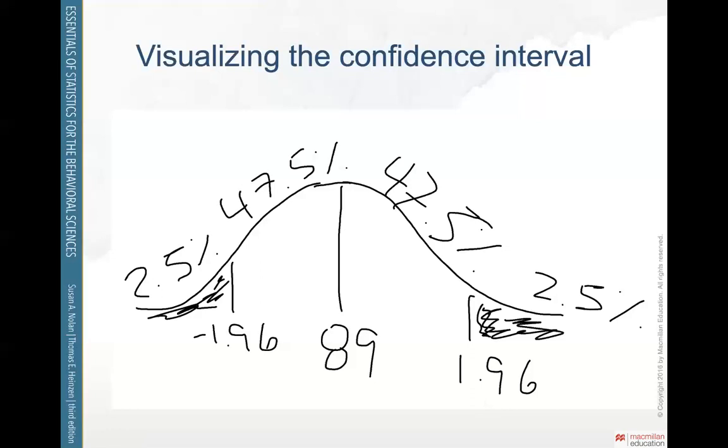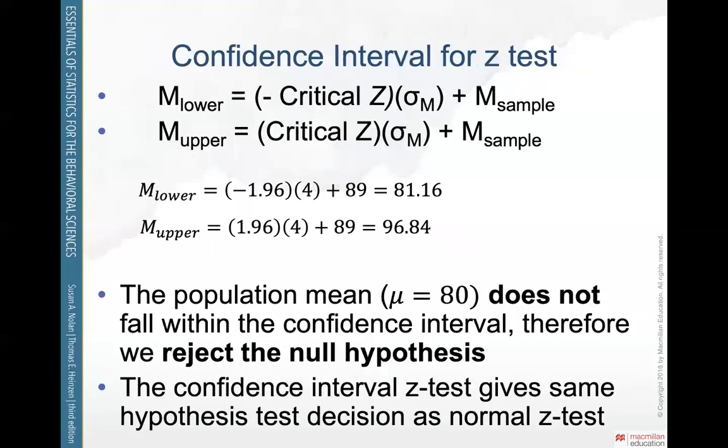It pushes that critical Z even further into the tails, because the interval centered around the sample mean gets bigger, which pushes the critical region further into the tails. That's the difference conceptually between a 95% confidence interval, where the Z's are relatively closer to the center, and a 99% confidence interval, where the critical Z's are pushed even further into the tails.